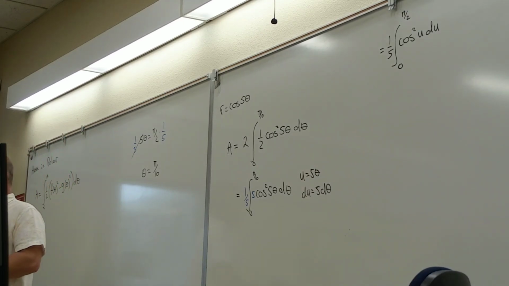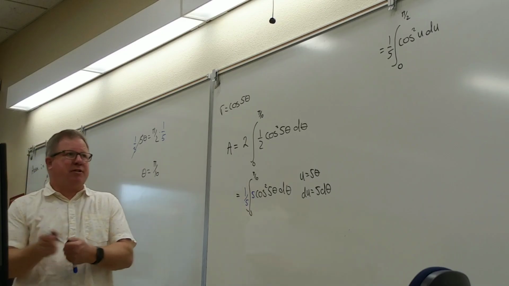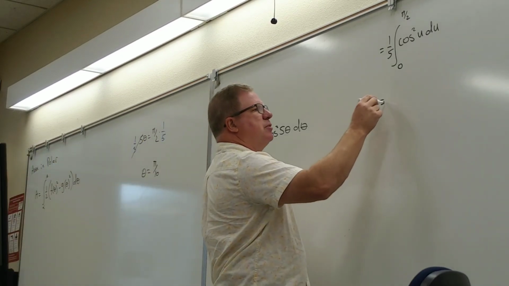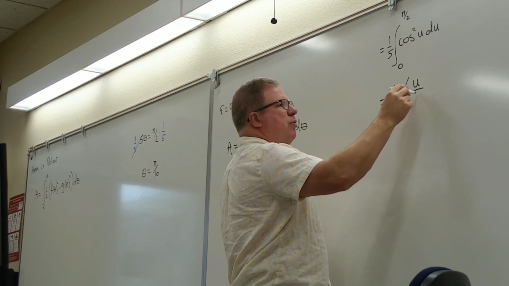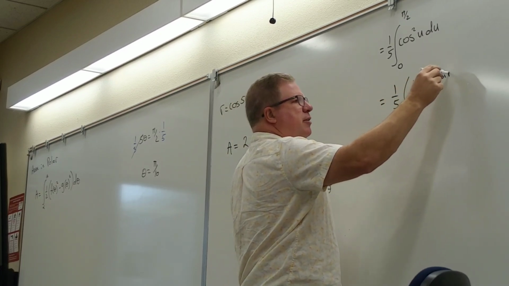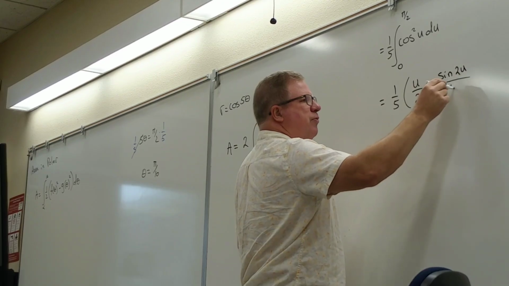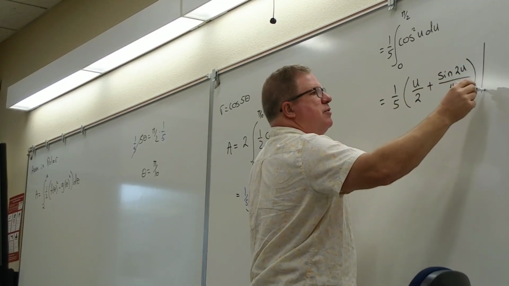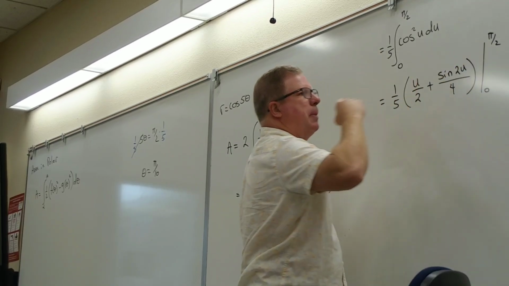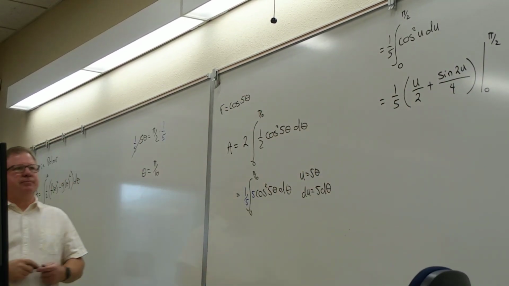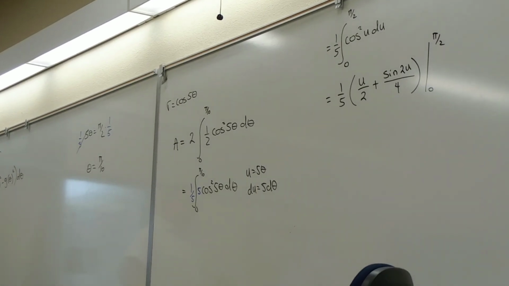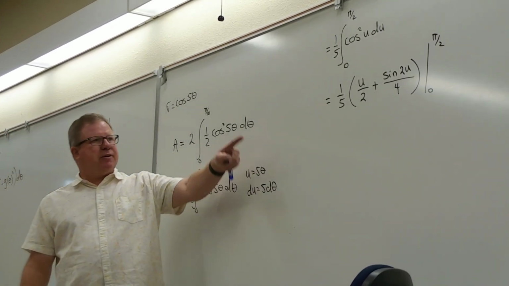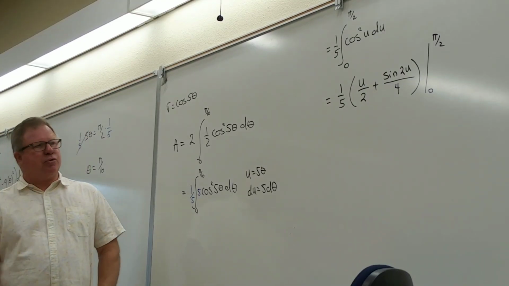Now we use that formula for cosine squared, which is on the sheet. So this equals 1/5 times u over 2 plus sine 2u over 4, from 0 to pi over 2. Let's go ahead and evaluate it in terms of u. We could rewrite it and put it back in terms of theta. We would substitute 5 theta in for u to do that, and then take the original bound.